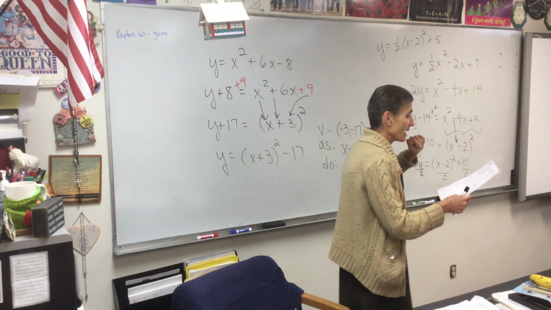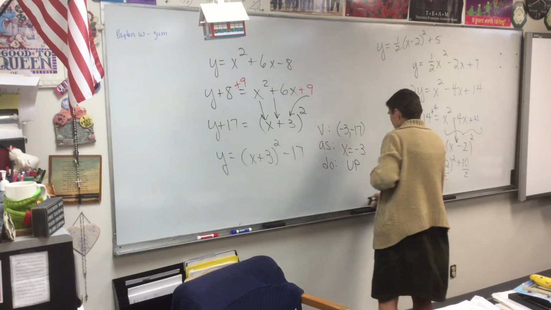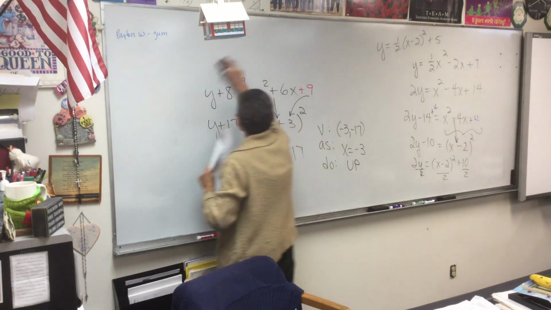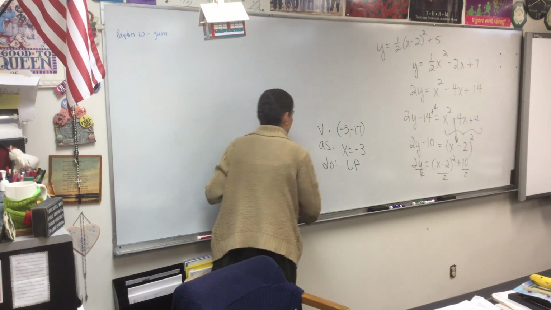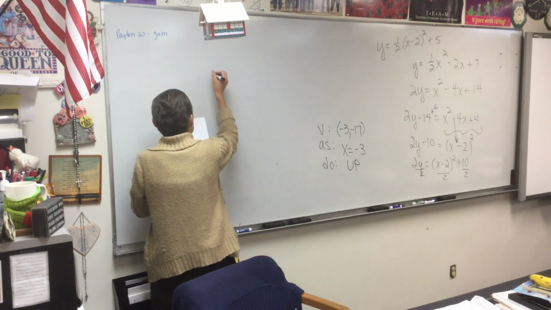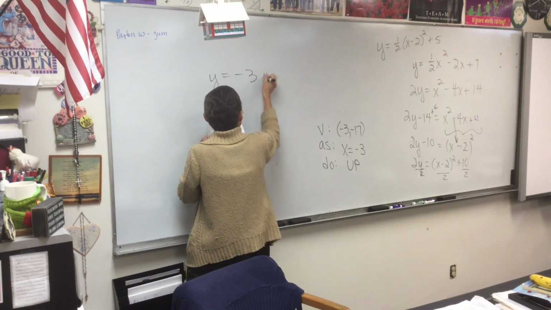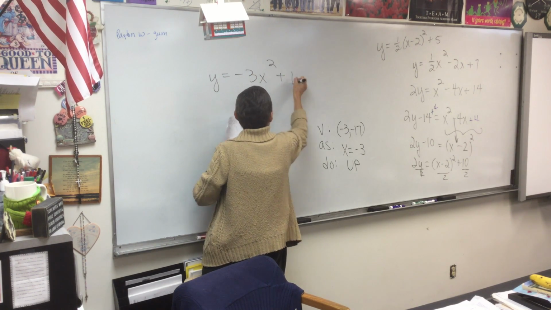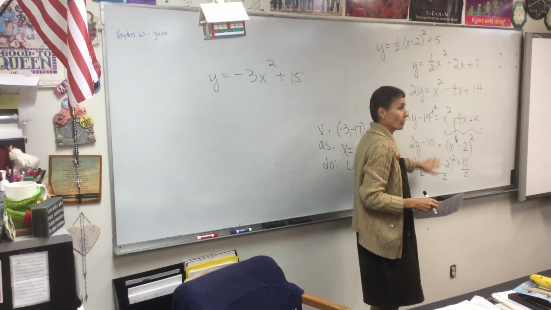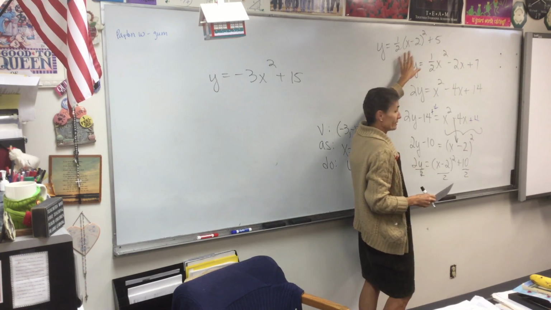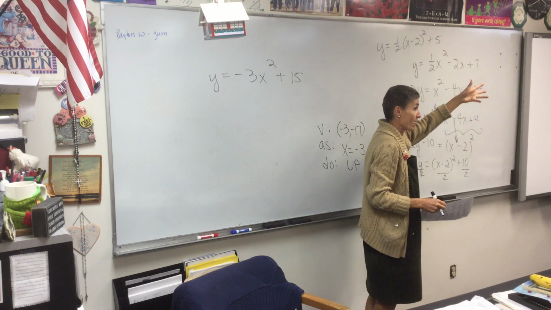Okay, let's go ahead. D is tricky, as Miss Kimmel has pointed out. So let's go ahead and do D together and talk about it. It's actually so simple, it's tricky. This one is already ready to go. Remember, the purpose of doing all this work is so that you can look at the equation and tell me the vertex, right?